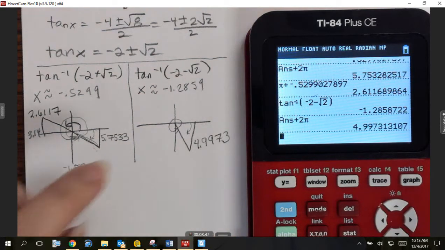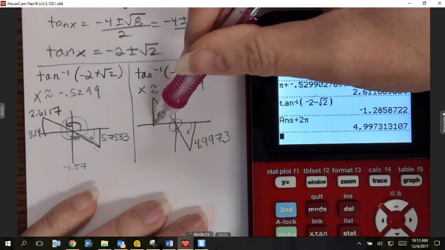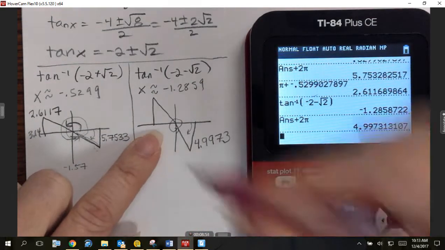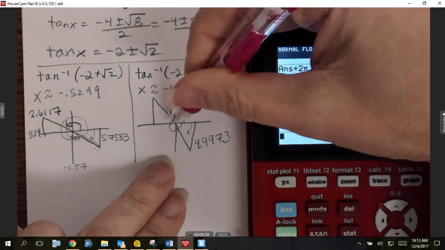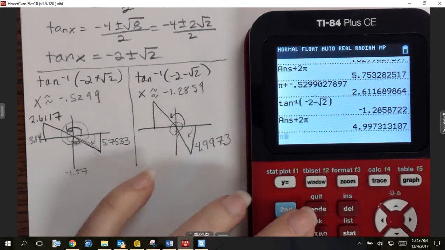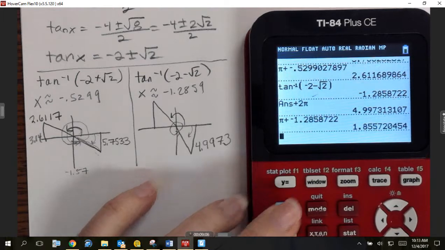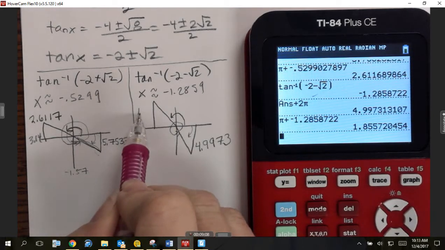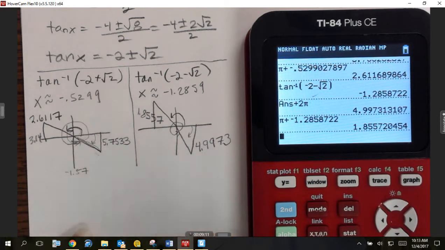And then I say, well, if it's in the fourth quadrant, then tangent is also going to be the same in the second quadrant. So it's pretty much exactly what I did there. And I have to take pi and subtract off the reference angle. 1.8557.